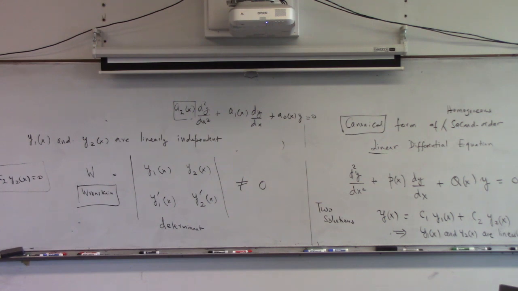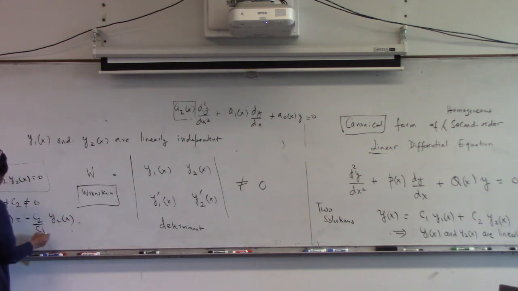We make the coefficients 0. That's the only time it can be linearly independent. If the coefficients C1 and C2 are not 0, then y1 can be written in terms of a constant times y2. So if C1 and C2 are not equal to 0, then we can always write y1(x) as minus C2 over C1 times y2(x).